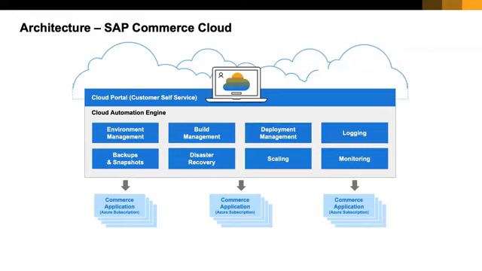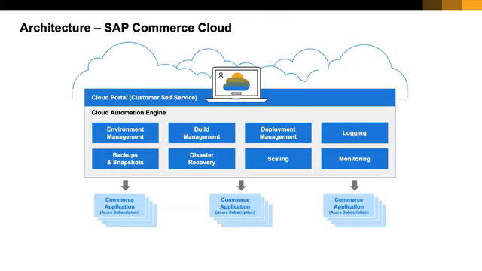The Cloud Automation Engine is a multi-tenant setup, so all customers use the same platform. This way, when we add new functionality with respect to environment management, build management, scaling, disaster recovery, logging, monitoring, and deployment management, all customers benefit from it.